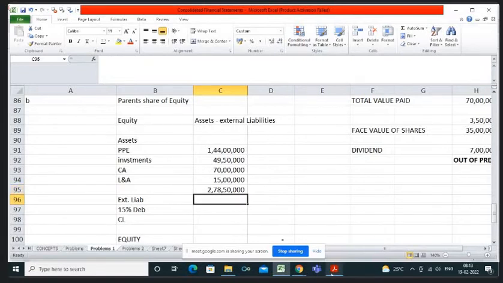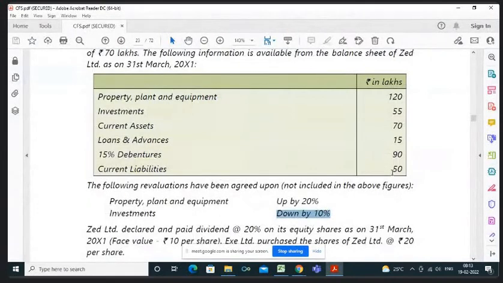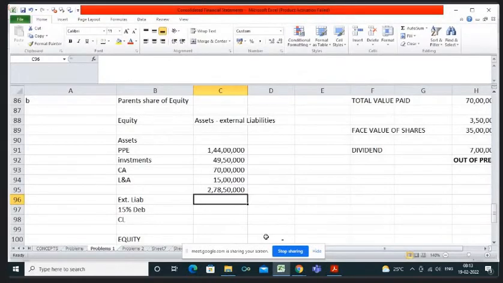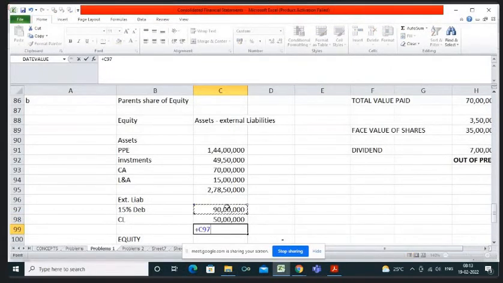And we have external liabilities. How much do we have? Debentures 90 lakhs and current liabilities 50 lakhs. So what is the total of liabilities? It will be 1,40,000.